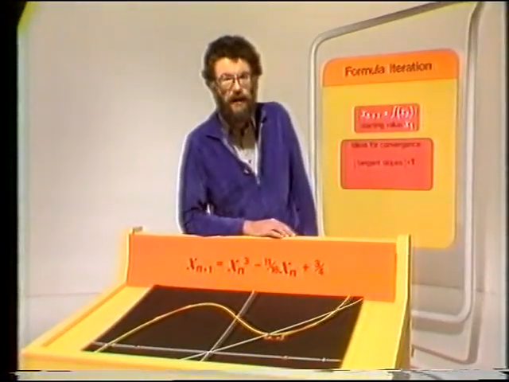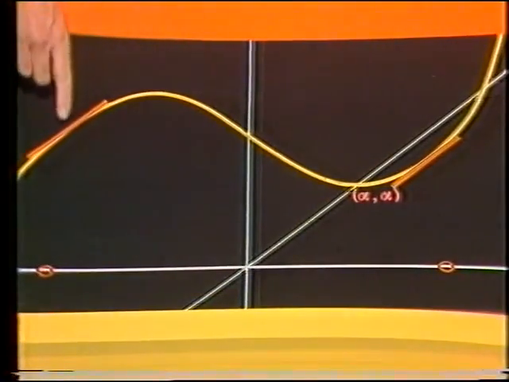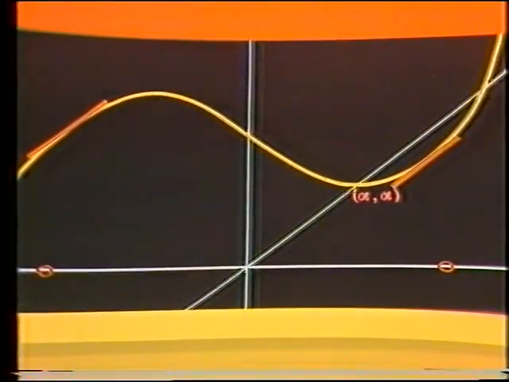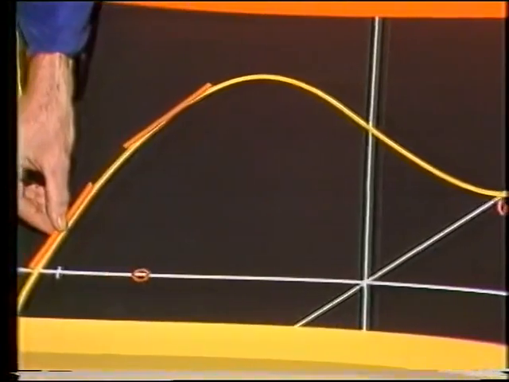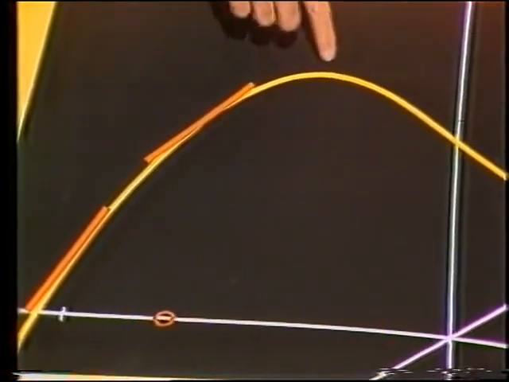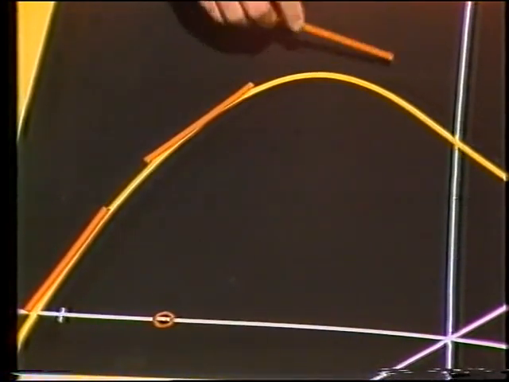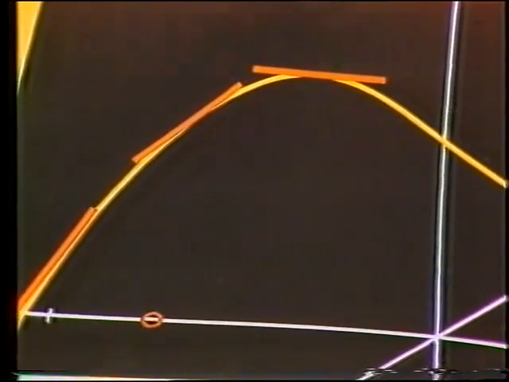Let's see how we could apply this tangent condition in practice. For this curve, there are 2 points where the tangent slope is actually equal to 1. On the left-hand end, the tangents have positive slope, but it's greater than 1. As we go along, the slope gets less. At this point, we actually have a horizontal tangent, whose slope, of course, is 0. Then the slope becomes negative.